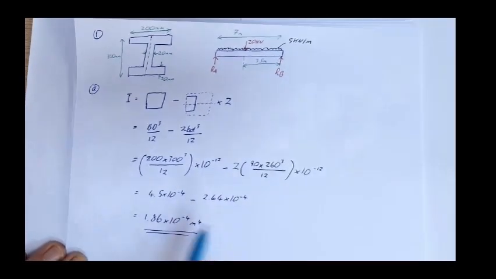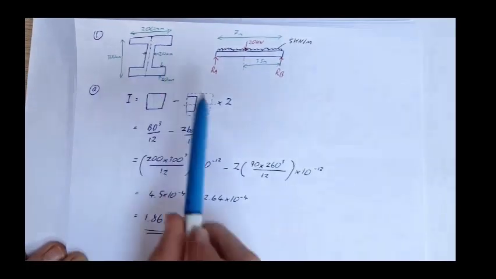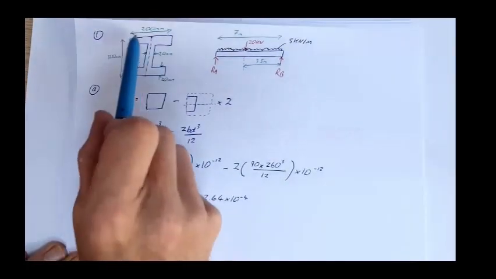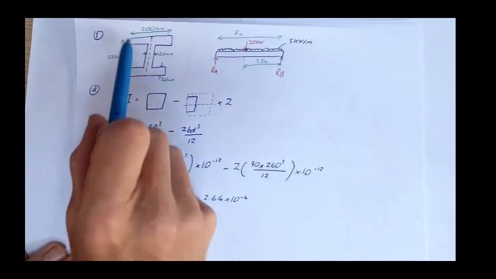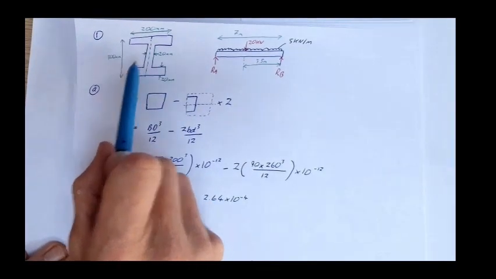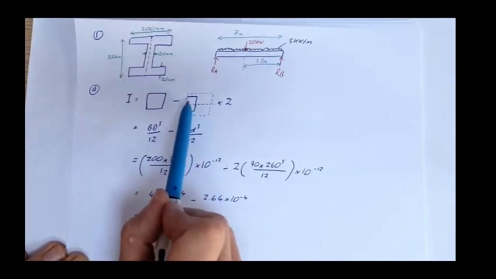So there we've used the principle of superposition to calculate the second moment of area of that section by considering the second moment of area of the outside rectangle and then subtracting 2 lots of the second moment of area of the inside rectangles.